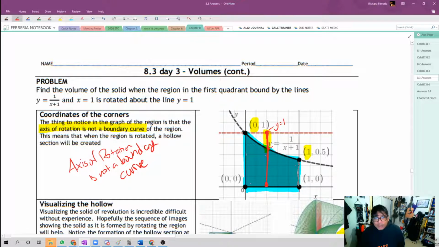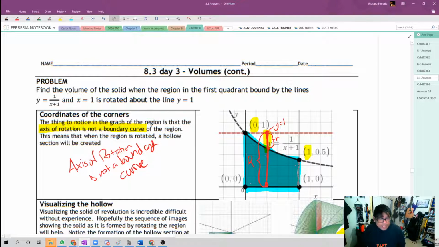The larger radius is this whole thing right here. That's the larger radius. And the larger radius is always going to be 1, because the distance from the axis of rotation to the x-axis is always going to be 1.